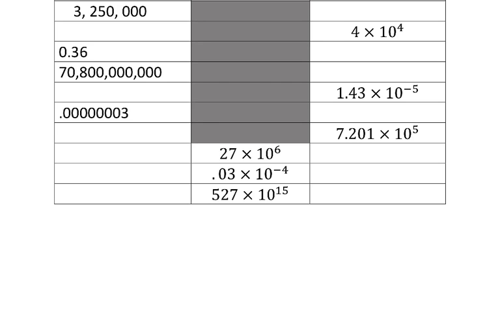So we're going to do 27 times 10 to the 6th, and we're going to put that into scientific notation. This is not in scientific notation because this first factor, 27, has to be between 1 and 10, which it's not. Right now, the decimal point is after the 7, so I'm going to put it in there.